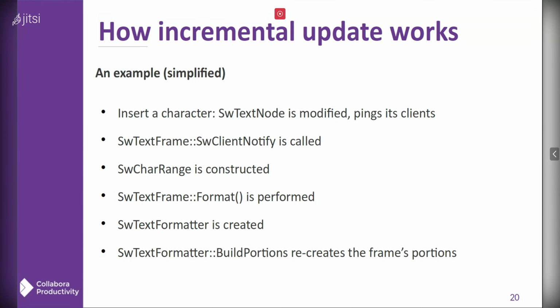We will construct some character range to find out what is the subset of the text frame content which has to be updated. Then we will call format so that the content of the text frame is positioned and sized in a suitable way. For that, typically it's not just everything in that format implementation, but there is a formatter which will know how to do this.